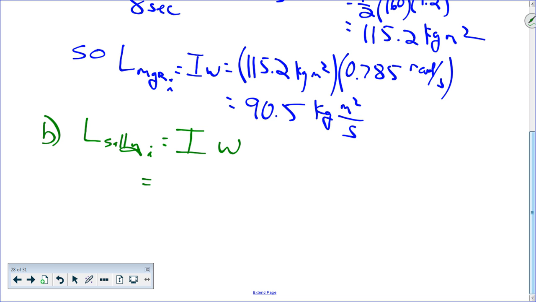What's I for a point particle? Mr squared, right? So this is Mr squared times omega. We don't know what omega is, we know what V is, but what's the connection? Just V over R. Oh, so there it is. Our R's cancel, so it's just MVR.